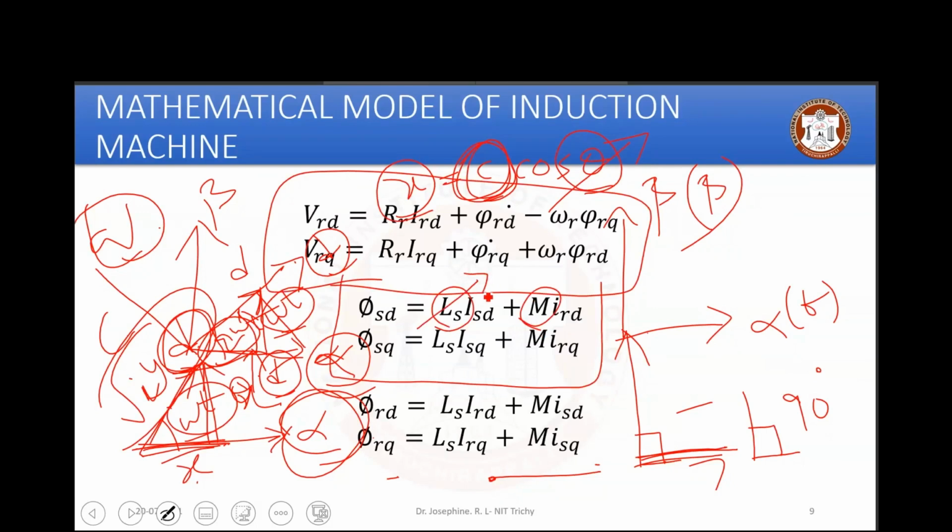In practice, this is the leakage inductance. But in some modelings, this Ls is considered as the inductance between the phases of the same stator or rotor. Then this Ls is different. It is not leakage inductance. It is also a mutual inductance, but it will be called self-inductance.